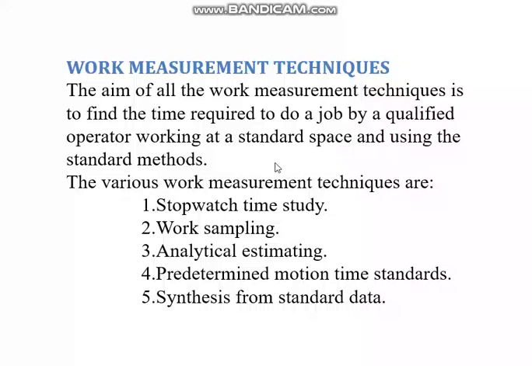And using the standard methods. Aim means this is our goal, our target. What is our target for the work measurement techniques? To find the time required by a qualified worker who is working at a standard pace and using the standard methods.